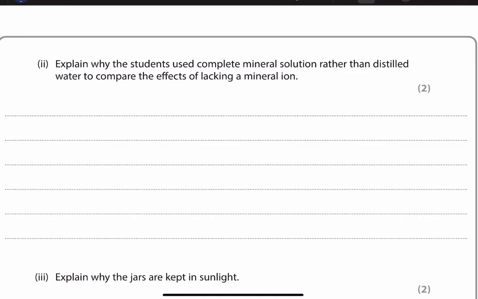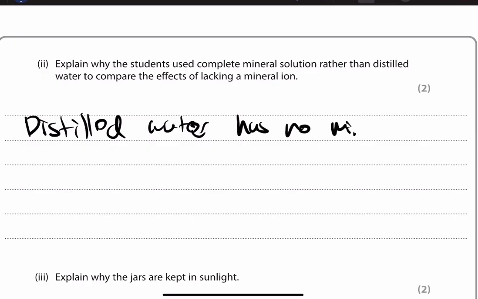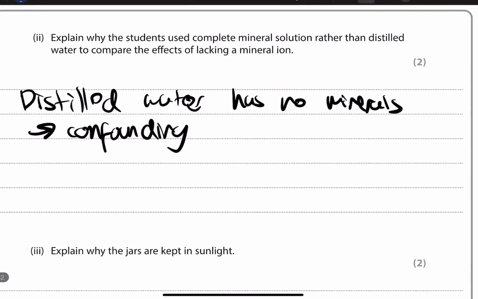Okay, so why use the complete mineral solution rather than distilled water? Well, distilled water contains no minerals. So distilled water has no minerals. And this would be a confounding variable because instead of lacking one mineral, you're lacking all of the minerals.